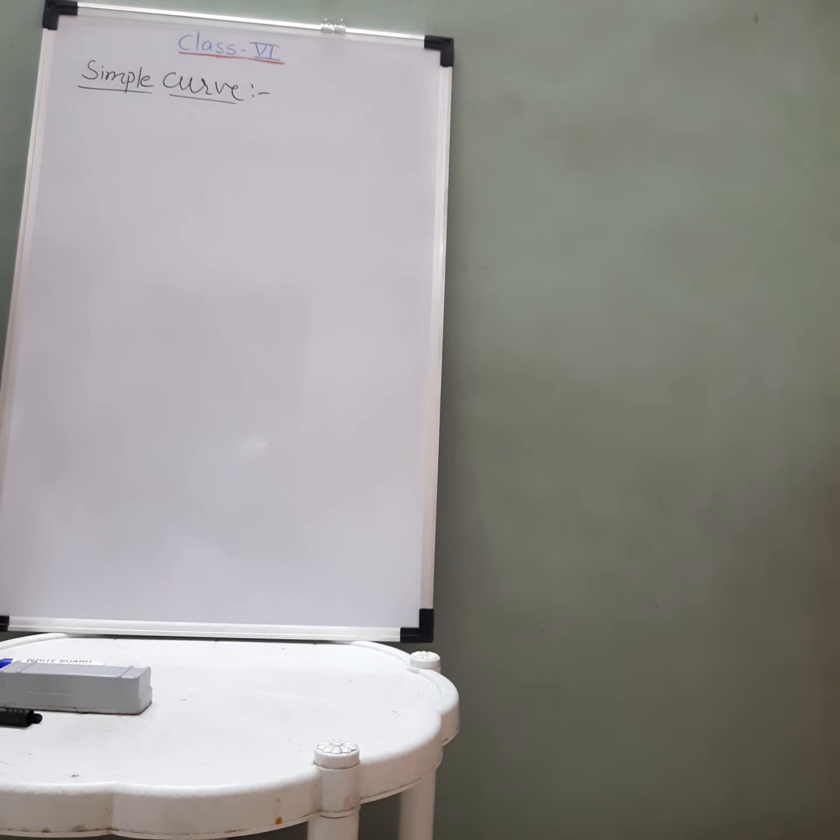A simple curve is one that does not cross itself. A curve is called simple which does not cross itself. So we will write down the definition.